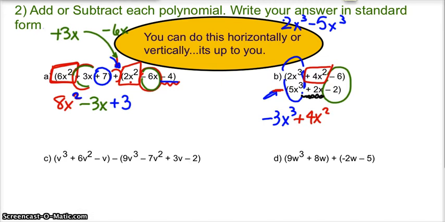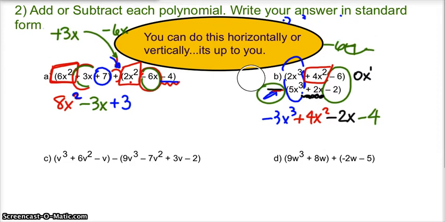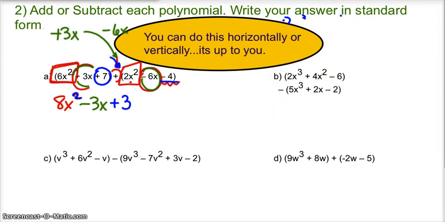I have to take no x to this first term, so 0, because there is no term there, and subtract it from 2. And then lastly, what I have circled here in green. So it's a negative 6 minus a negative 2. I have another way that might make this make a tiny bit more sense. I'm going to rewrite the problem.